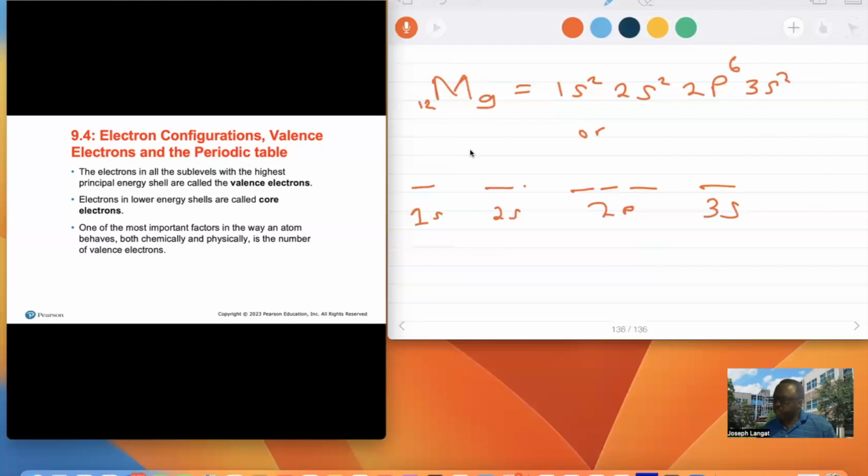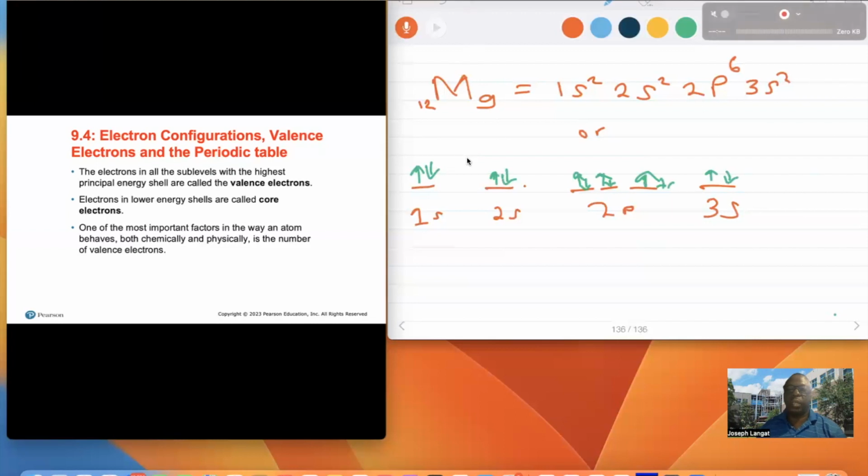Let's fill with the electrons. This is going to be 1, 2. You fill the sub-level first. 3, 4, 5, 6, 7, 8, 9, 10, 11, 12.